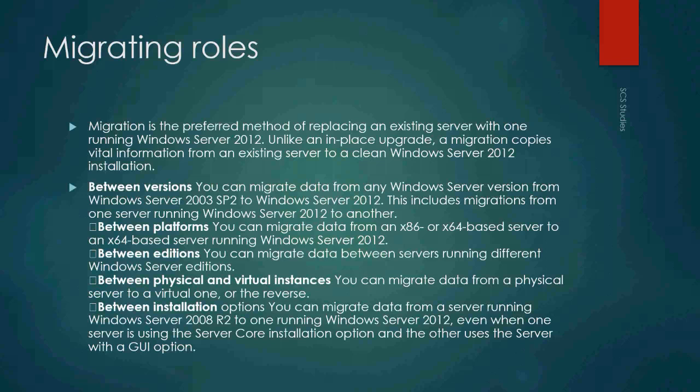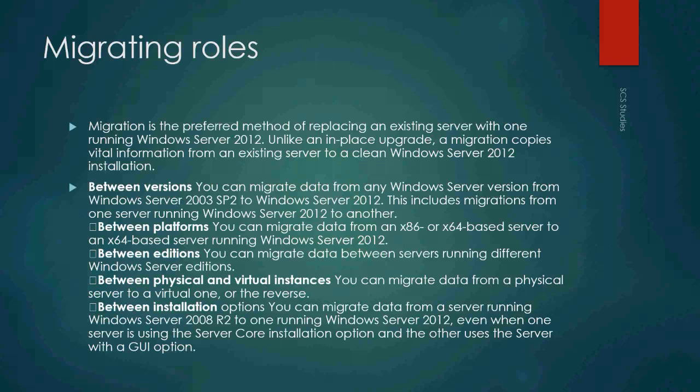Between physical and virtual instances, this is also an important thing. In modern server environments, you already know most are using virtualization solutions like VMware, Citrix, Hyper-V. So they can migrate their data from physical to virtual or virtual to physical.